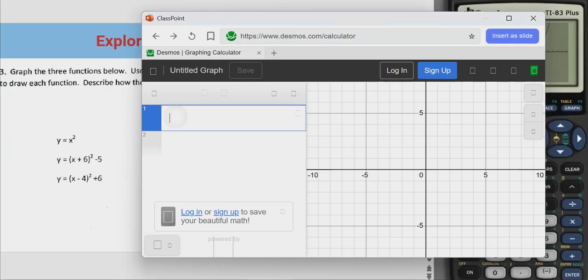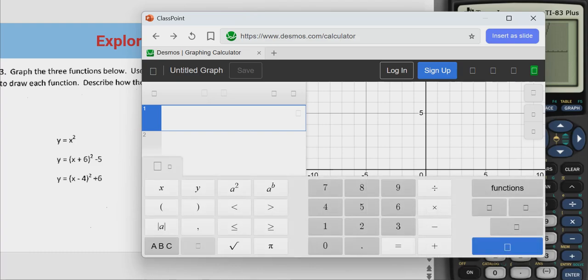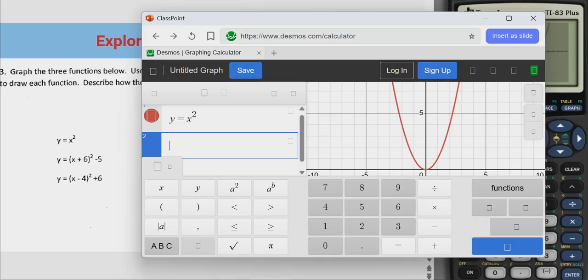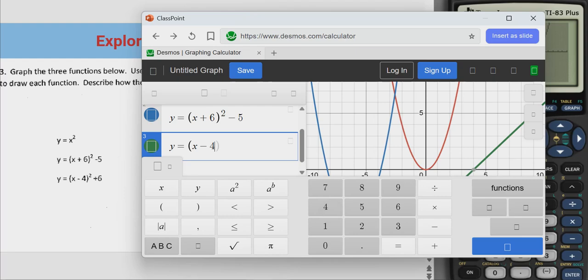So here is Desmos, and I'm going to type in all 3 equations here: y equals x squared, and y equals (x plus 6) squared minus 5. And I'm going to type in, while I'm at it, y equals (x minus 4) squared plus 6.